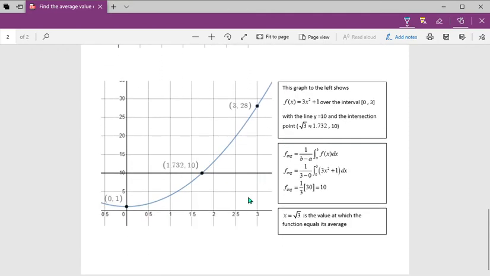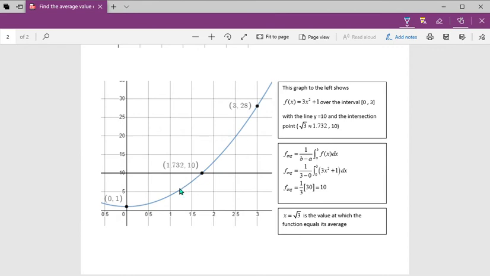All right, adding a little bit more to the graph. The graph to the left shows the function over the interval, but now it drew in the line y is equal to 10, and the intersection point, root 3, which approximates to about 1.732. That's the point of intersection here.